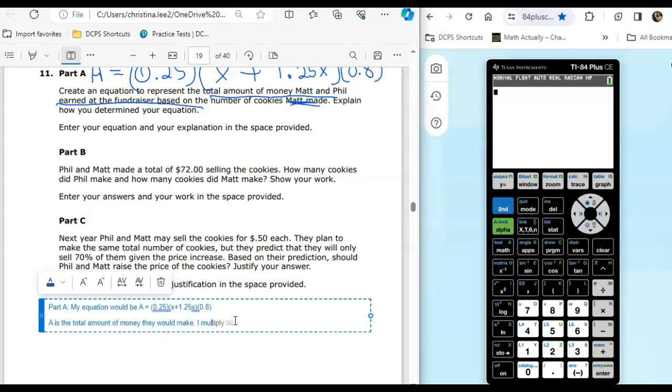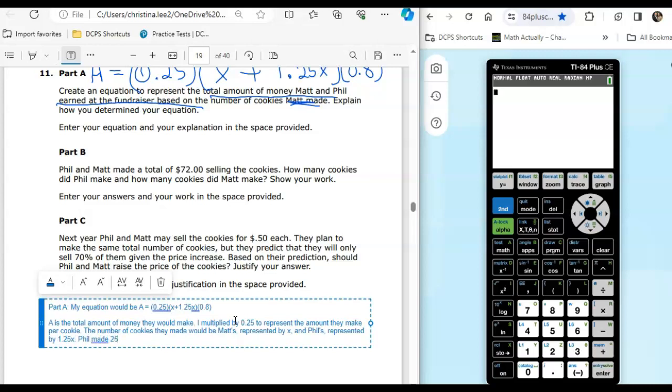I multiplied by 0.25 to represent the amount they make per cookie. The number of cookies they made would be Matt's, represented by x, and Phil's, represented by 1.25x.